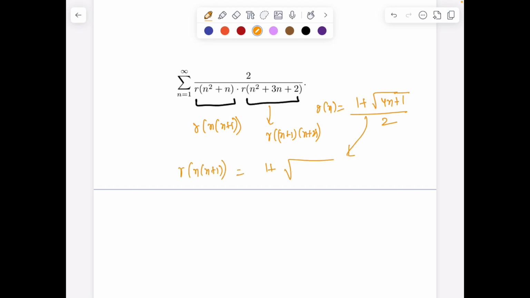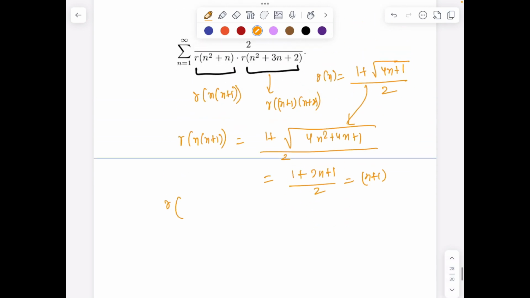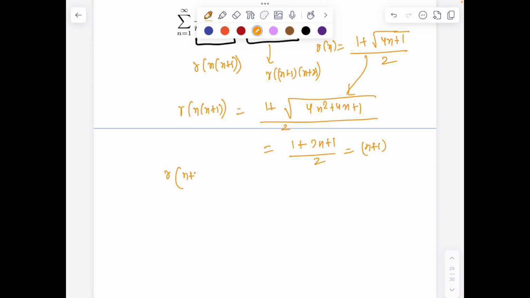That will give (1 plus root over 4n² plus 4n plus 1) over 2. That's a perfect square, so just (1 plus 2n+1) by 2, which gives you n plus 1. What about R of n replaced with n plus 1, times n plus 2? We'll get just n plus 2 over here.